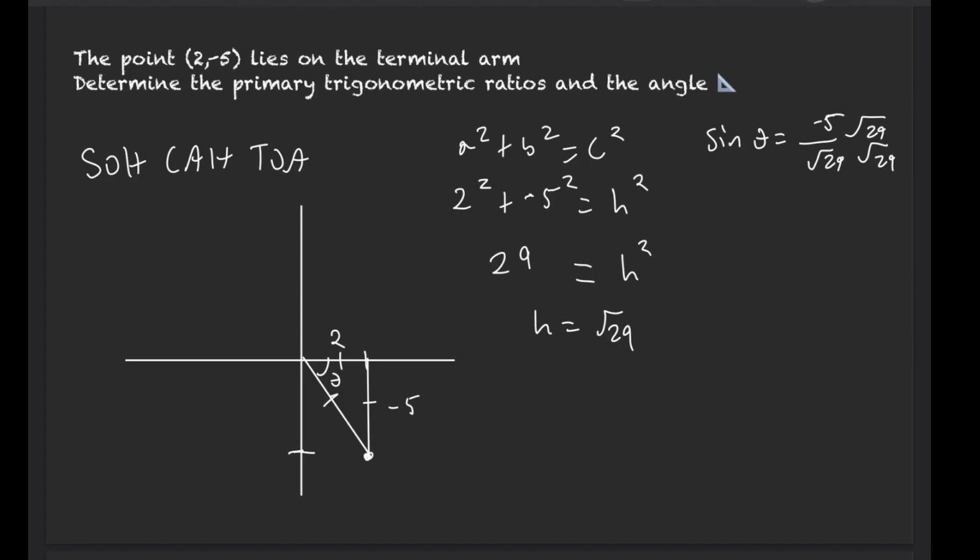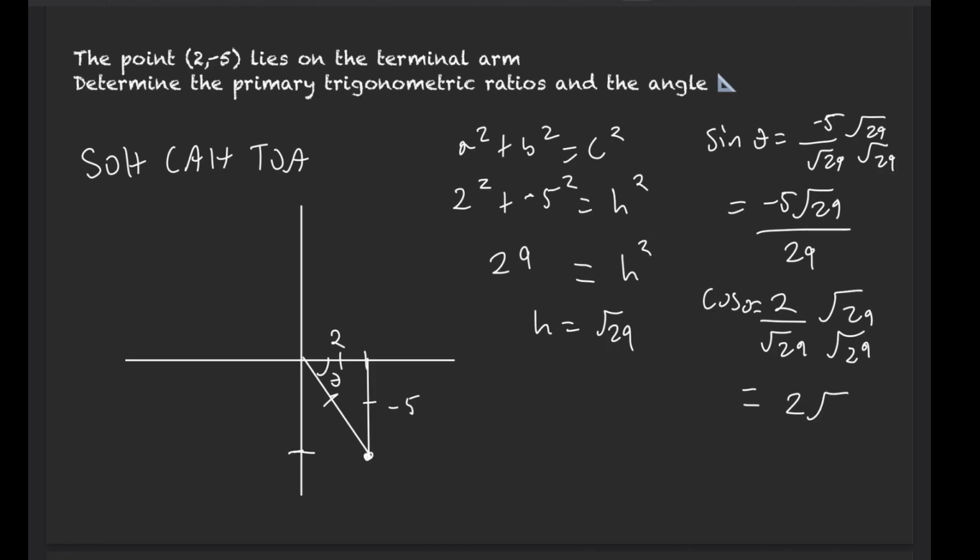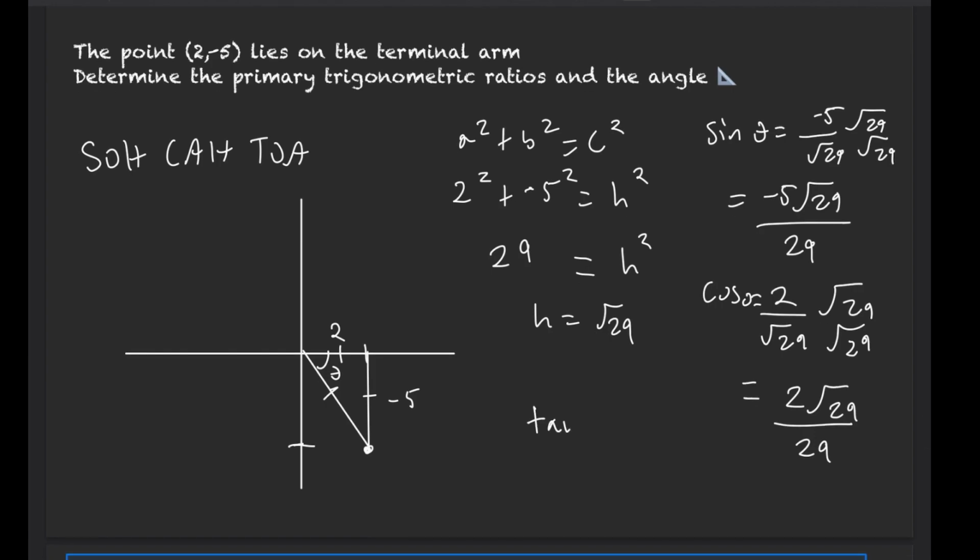So that's going to be equal to negative 5 times root 29 over 29. Cosine would be the adjacent, so 2 over the hypotenuse, which will also be rationalized. So 2 root 29 over 29, to just get the denominator with no roots in it. And then tangent will be equal to the opposite over the adjacent, so negative 5 over 2.